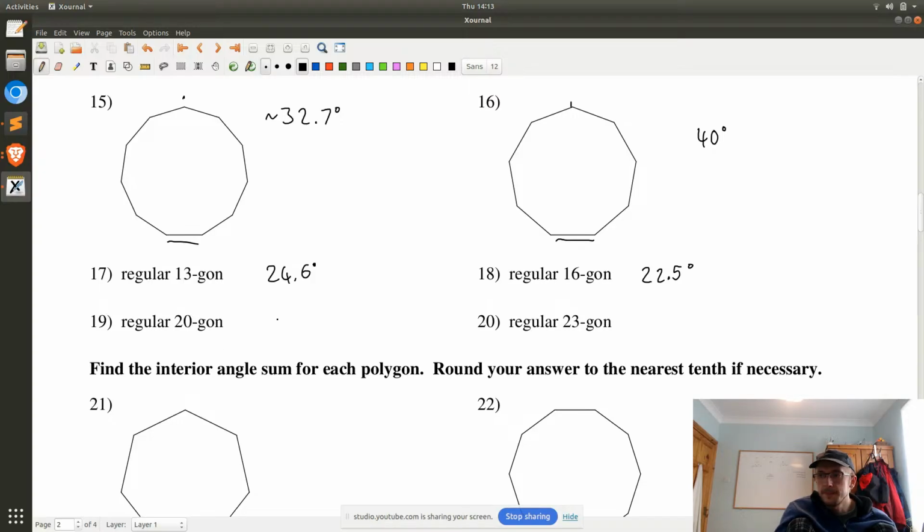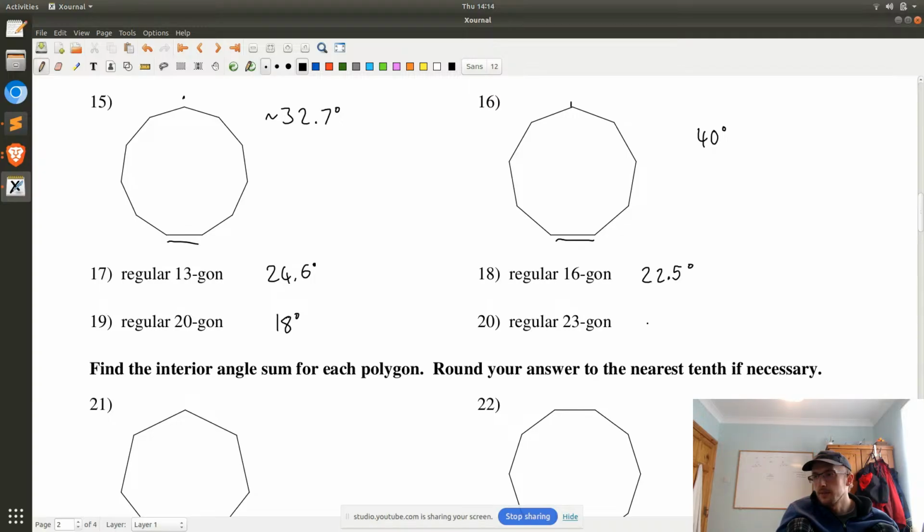Regular 20gon. Regular 23gon. 360 divided by 23.